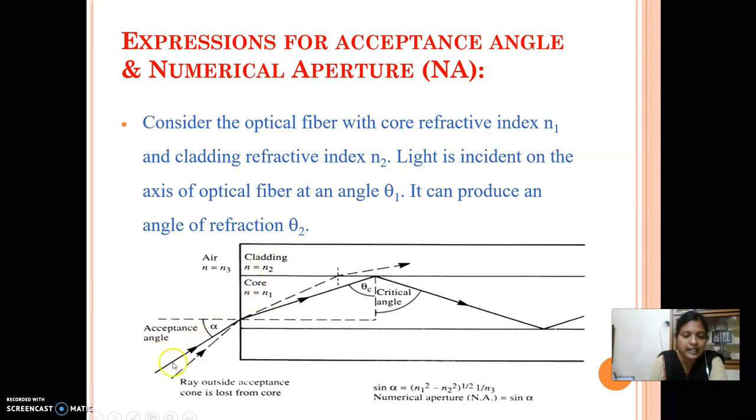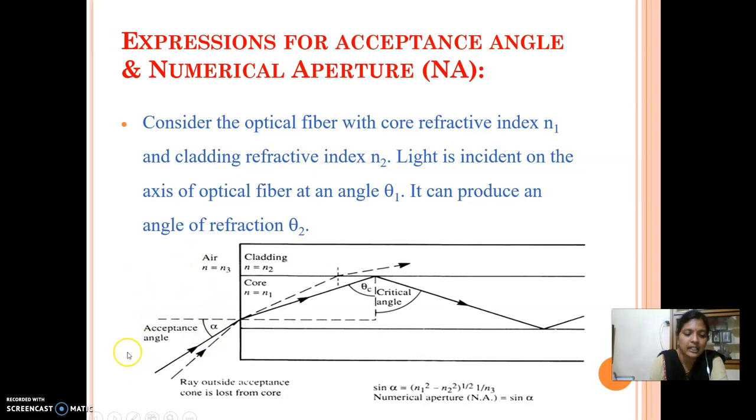Now let us take a light ray that enters the optical fiber with some angle of incidence and gets reflected. If the light ray enters the optical fiber and undergoes TIR, then that angle is called the acceptance angle. If you rotate this acceptance angle by 180 degrees, we get an acceptance cone.